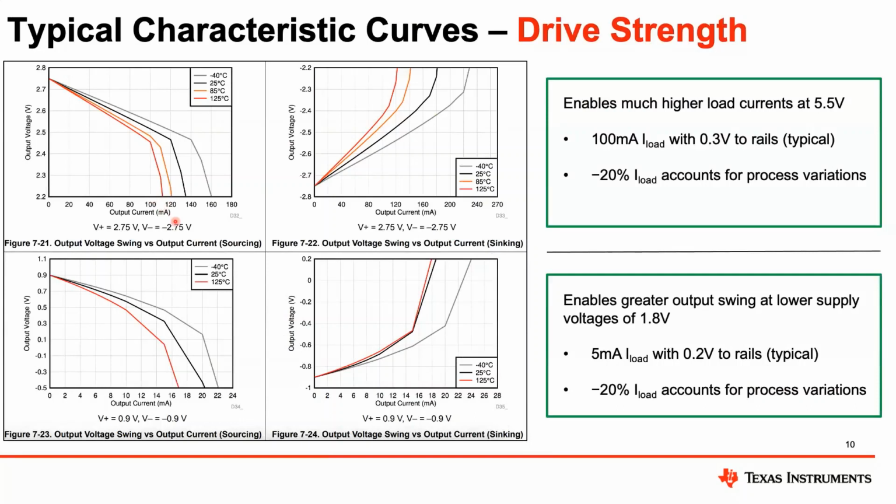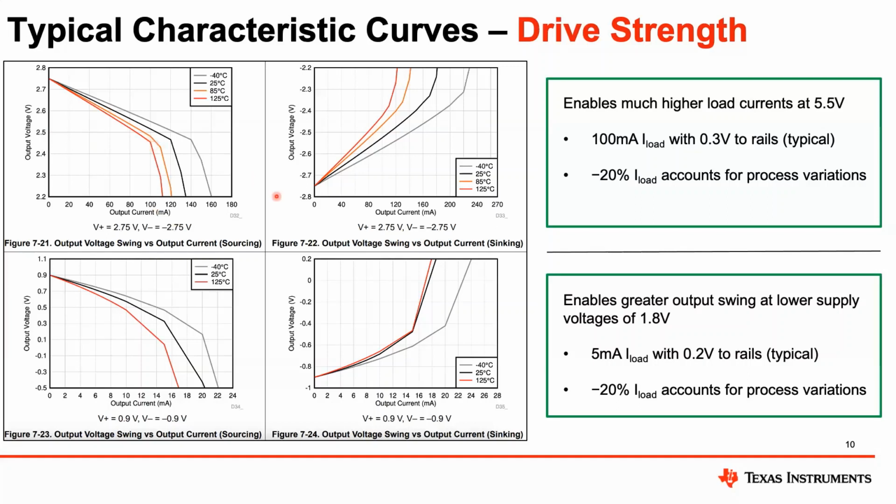We always recommend giving yourself minus 20% for all your output load tolerances. So if you're saying it's going to be about 2.45 volts at 100 milliamps, then worst case for process variation, it can go down to 80 milliamps at that same output voltage.